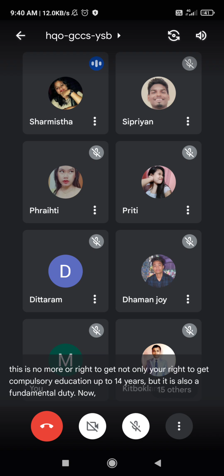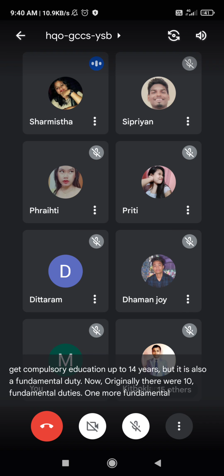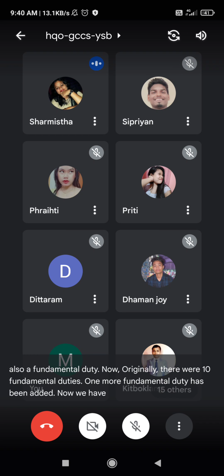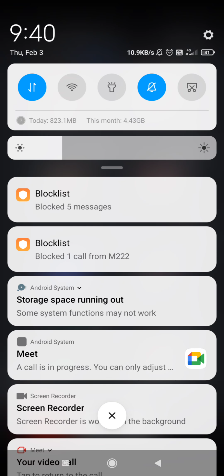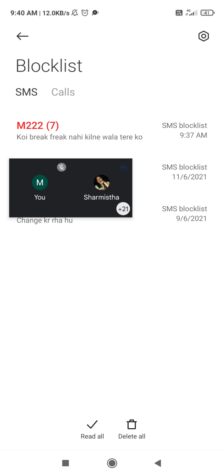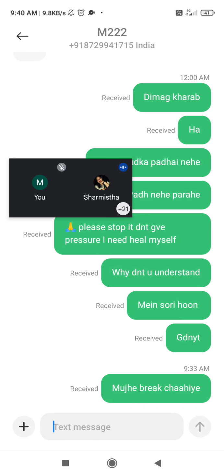Originally, there were 10 fundamental duties. One more has been added, so now we have 11. The last fundamental duty is that parents should send their children to school up to the age of 14 years. So that is a fundamental right as well as a fundamental duty now.